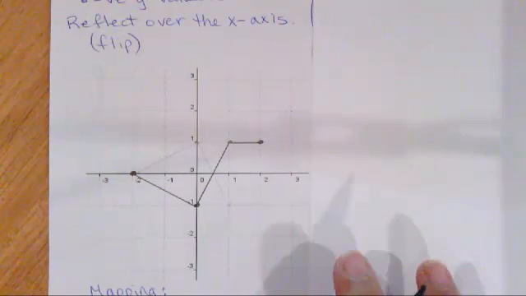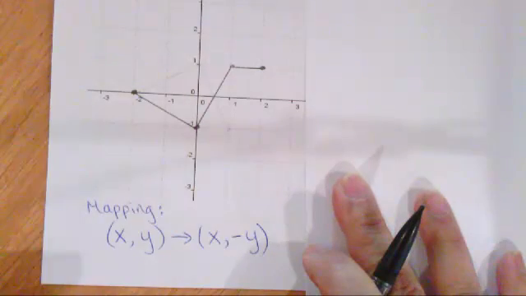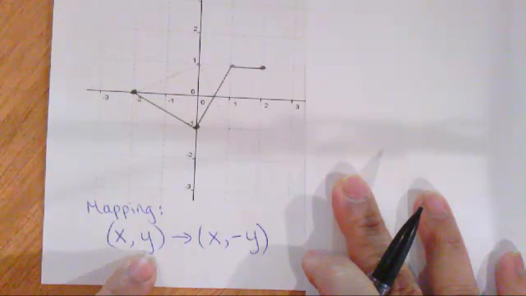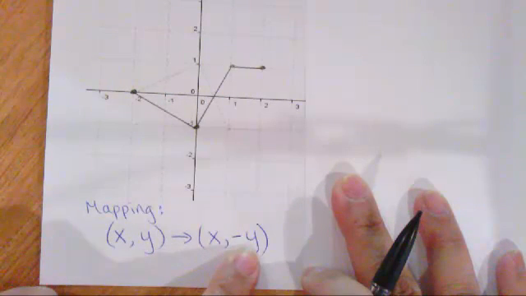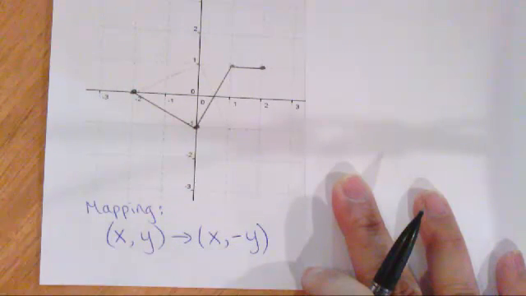Okay, that's what the graph looks like. For mapping notation, x, y, the way to get to our transformed version is by multiplying the y by negative 1.